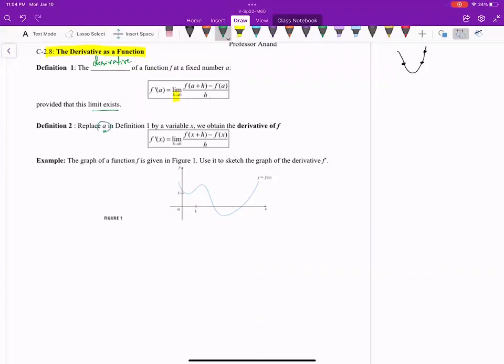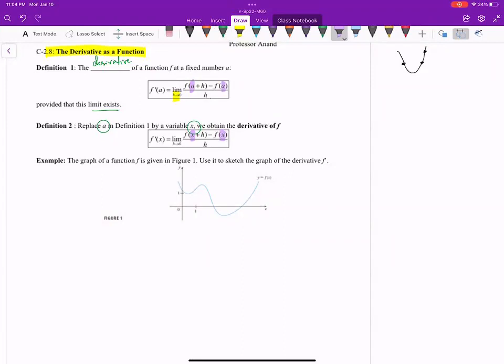If we replace a in definition 1 by the variable x, we obtain the derivative of f as the limit of f of x plus h minus f of x over h, as h approaches 0. So all we do is replace a fixed number by a variable x in the definition.